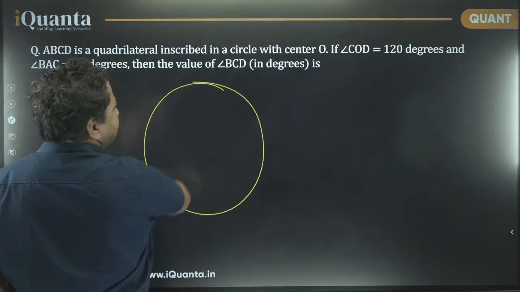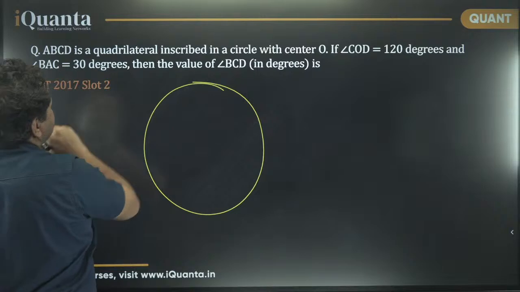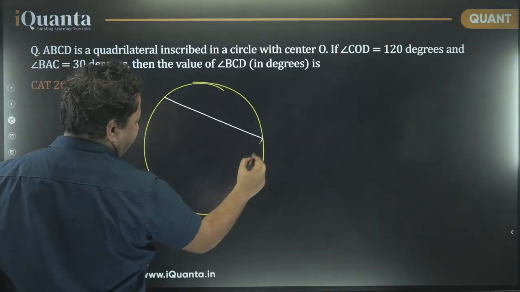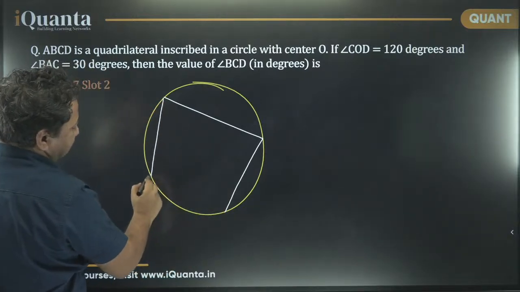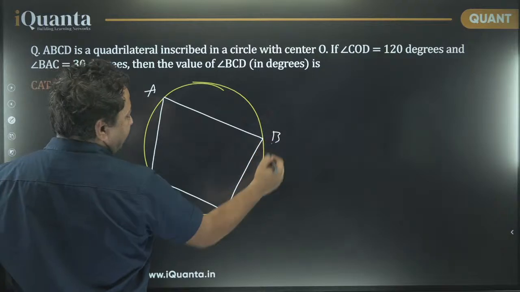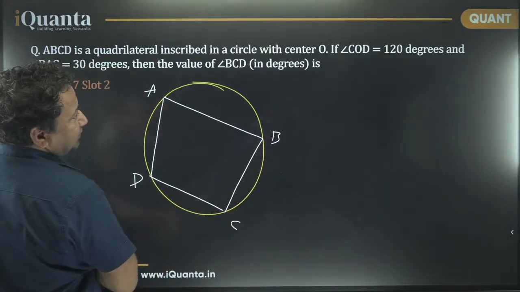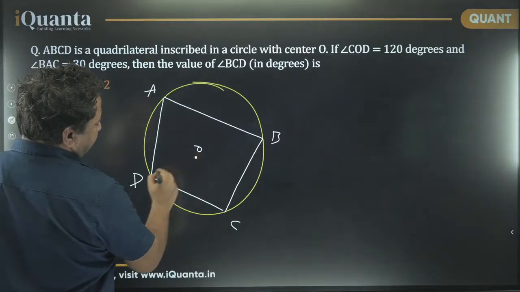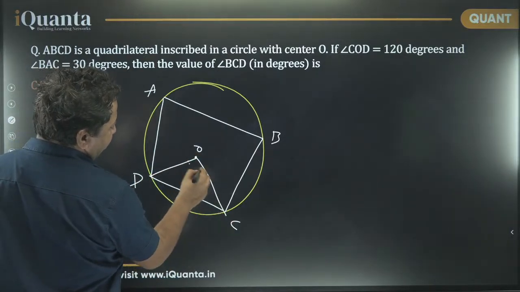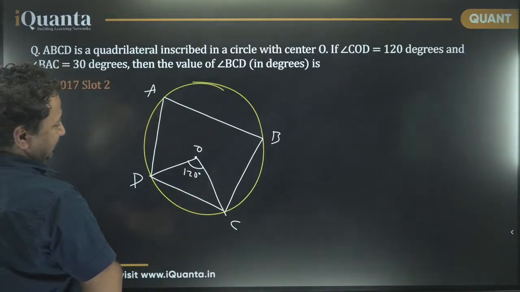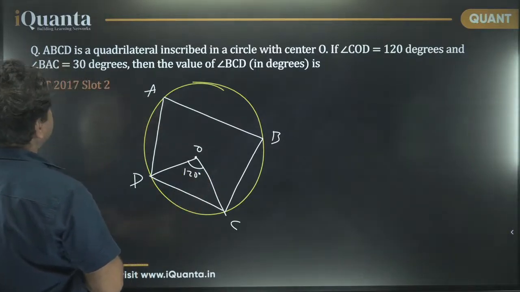We have a circle, then there is a quadrilateral. Whatever it is, whenever we have a quadrilateral inside a circle, it's a cyclic quadrilateral, isn't it? So this is A, B, C, and D. Center is O. The angle COD is 120 degrees, and BAC is 30.